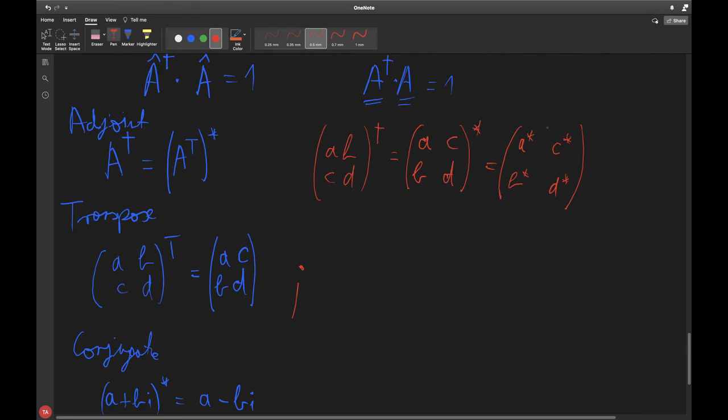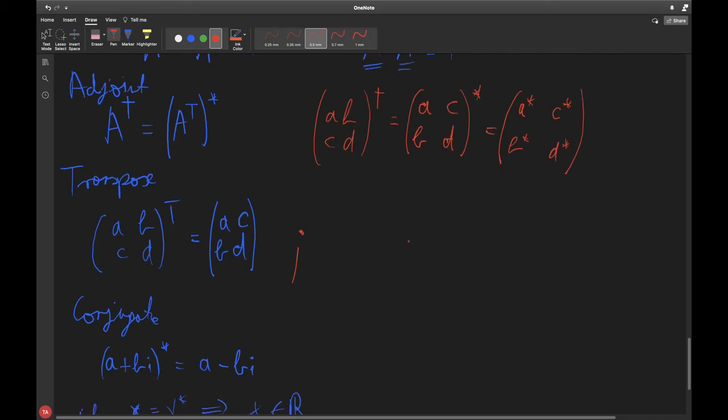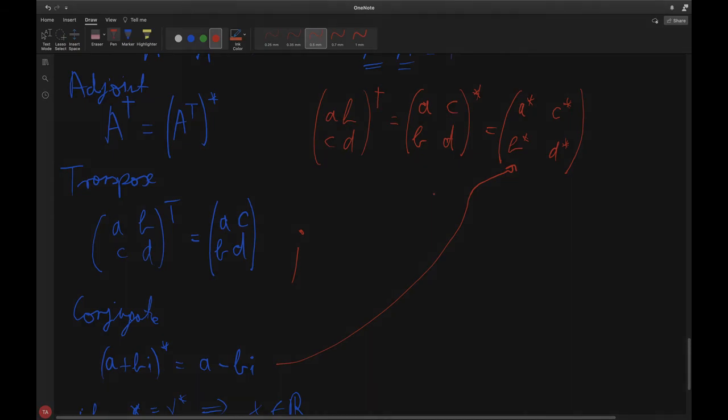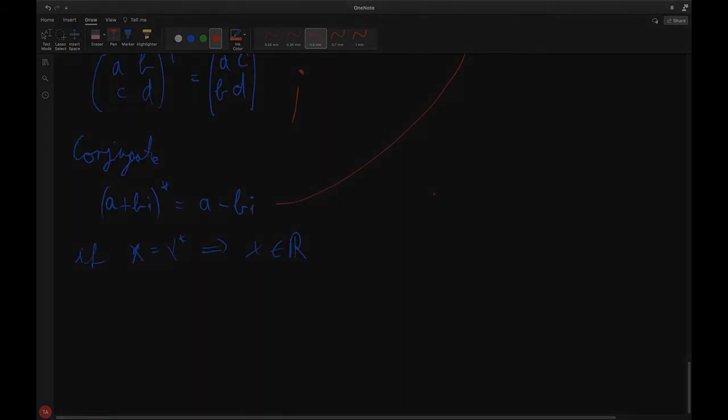So if A, B, C, and D are real numbers, then this doesn't do anything. If they are not real numbers, then this is what we do. So that's all for matrices.